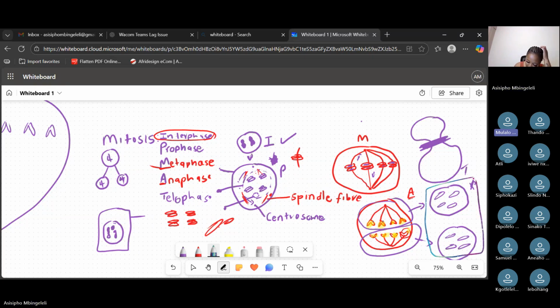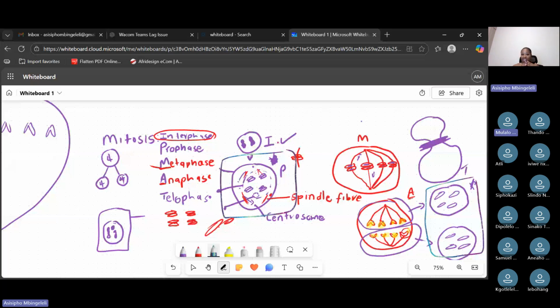No, this one is unreplicated. Which one? In life sciences, we don't know this one. Give us the name. On the telophase. Yes. On the telophase, it's unreplicated. Correct. Then on the prophase, it's replicated.